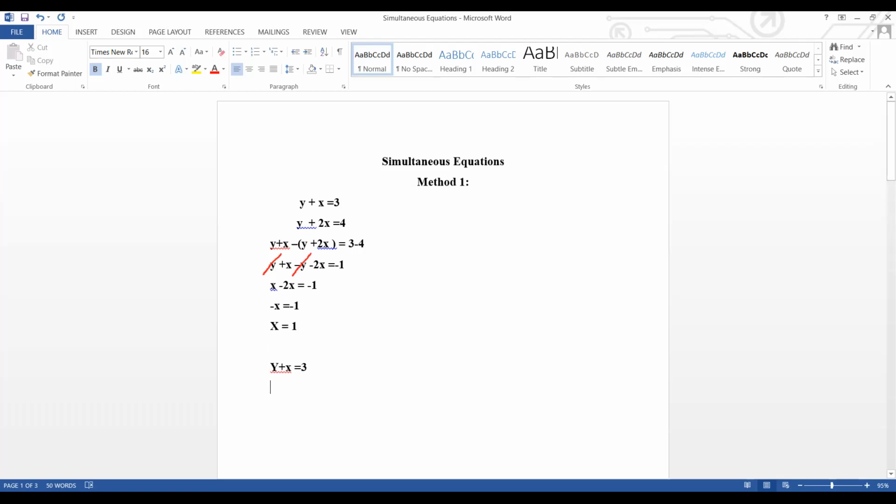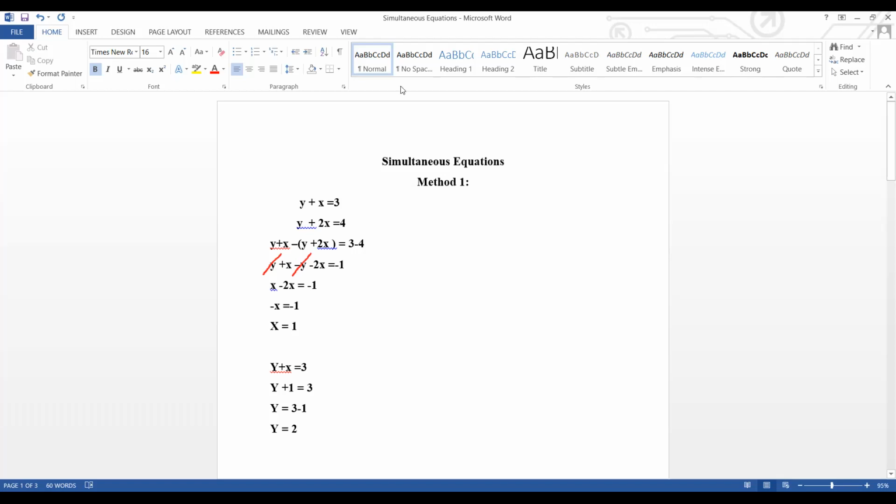Now instead of x, I will include 1, equals 3. Now it's a simple equation. So this positive 1, when I take it to the other side, it will become negative 1. So therefore, I will get y as 2. So my x value is 1 and my y value is 2.